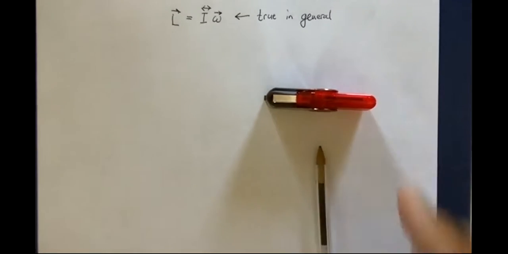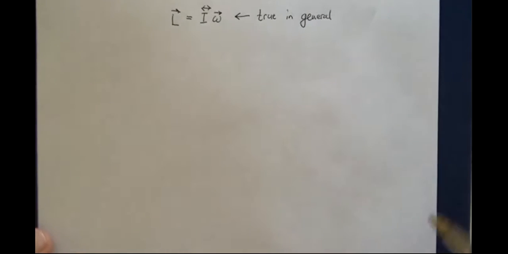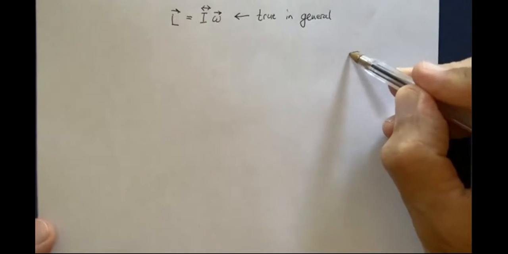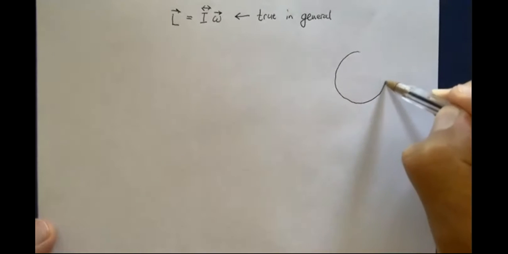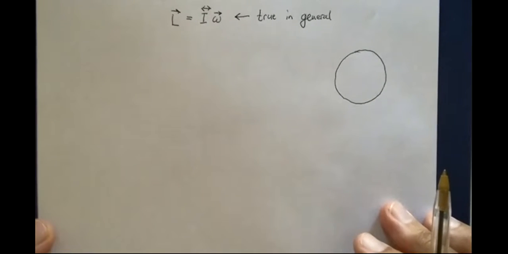Okay, so let's talk about this. Why would it be true that in some cases you have an angular momentum vector that is not parallel to omega? Okay, let's draw a picture. Here's an object.